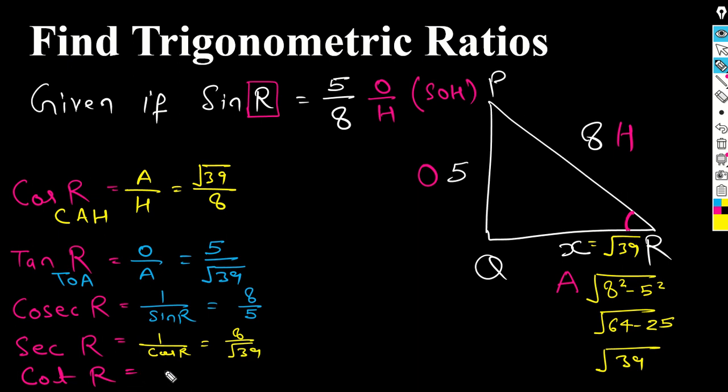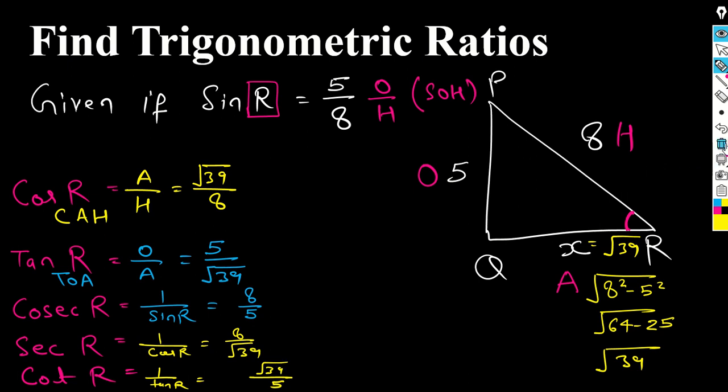Now cot r was 1 divided by tan r, and that is 5 over square root of 39, so this will give you square root of 39 over 5. So that's how you will find all the trigonometric ratios for any triangle.